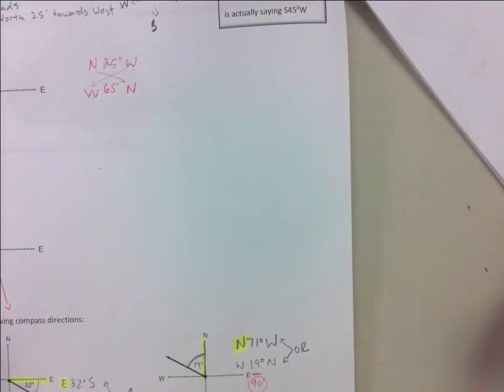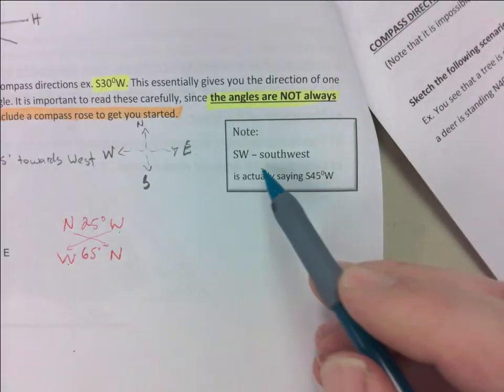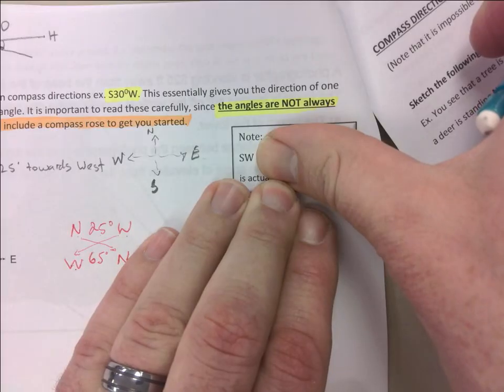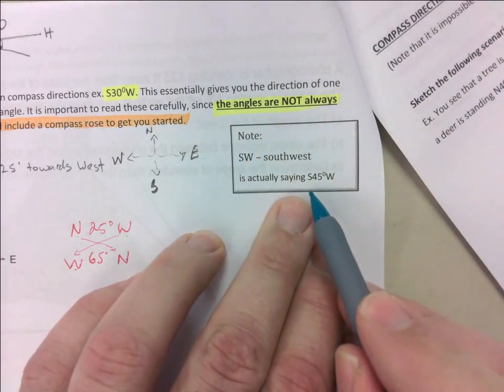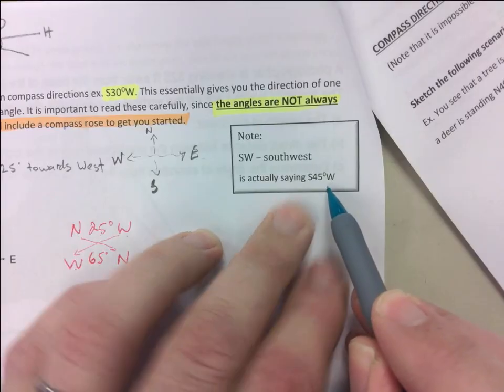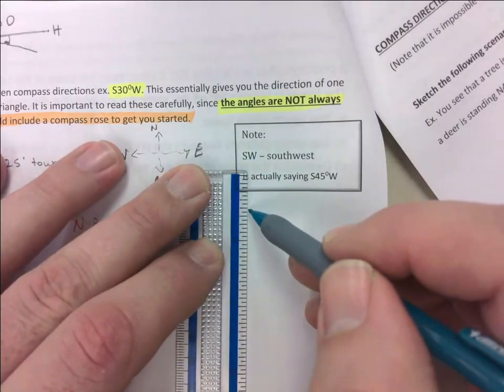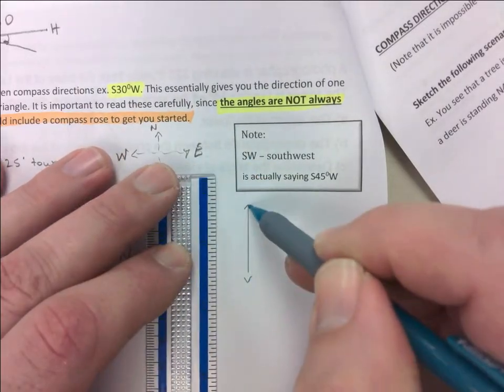Maybe I should warn you before we go to 62. If you just have someone traveling southwest, it's actually saying south 45 west. It's exactly down the middle. So think of south and west, right? This is north-south.